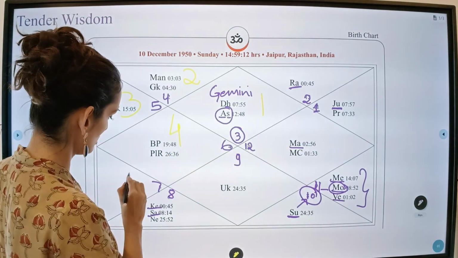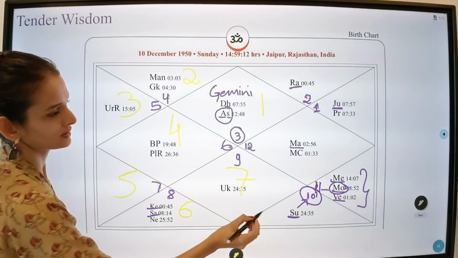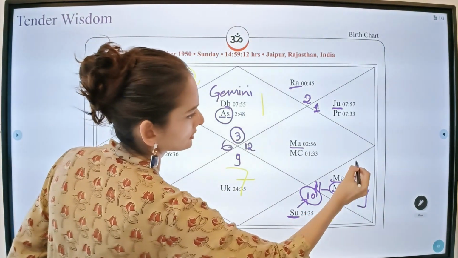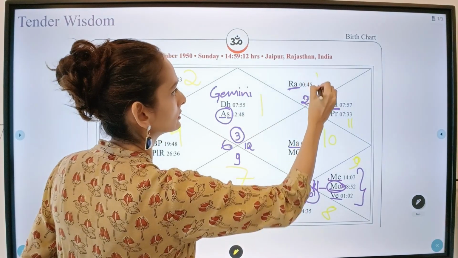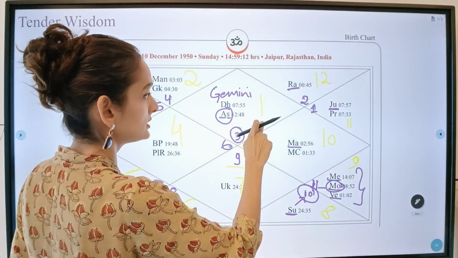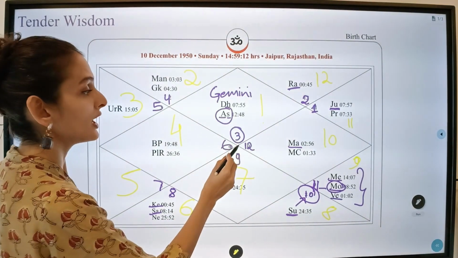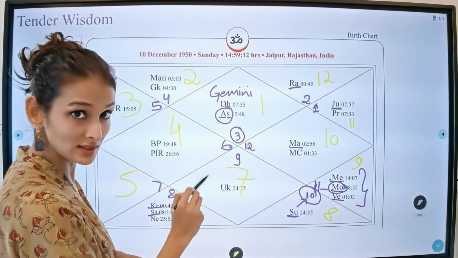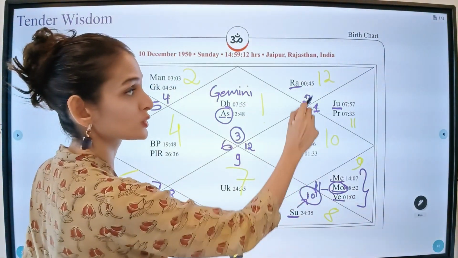This is 4, 5, 6, 7, 8, 9, 10, 11, 12. So these are house numbers. The ones in yellow are house numbers. The ones in purple are governed by what your ascendant is. So your ascendant decides what the rest of your horoscope is going to be like.